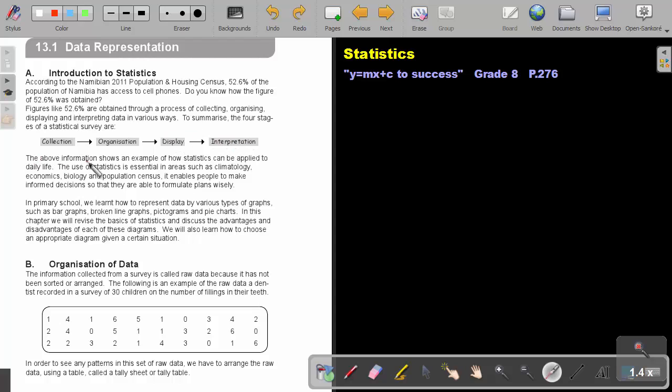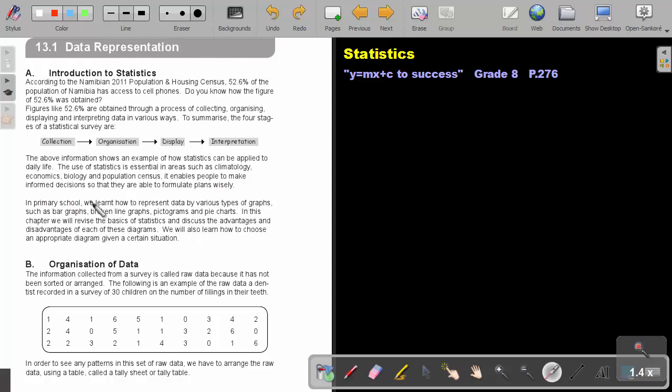The above information shows an example of how statistics can be applied to daily life. The use of statistics is essential in areas such as climatology, economics, biology, and population census. It enables people to make informed decisions so that they are able to formulate plans wisely.